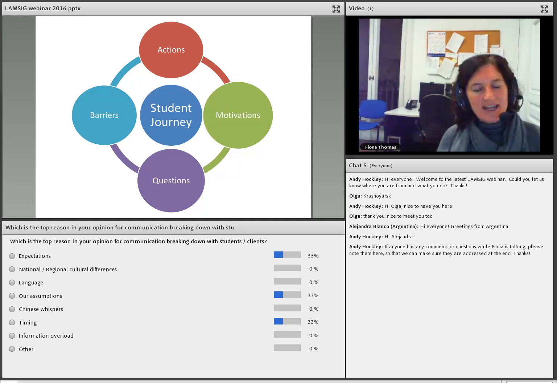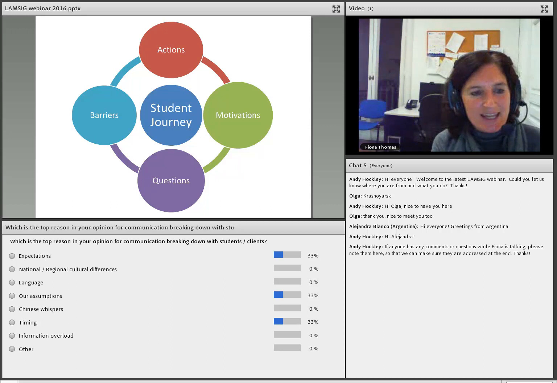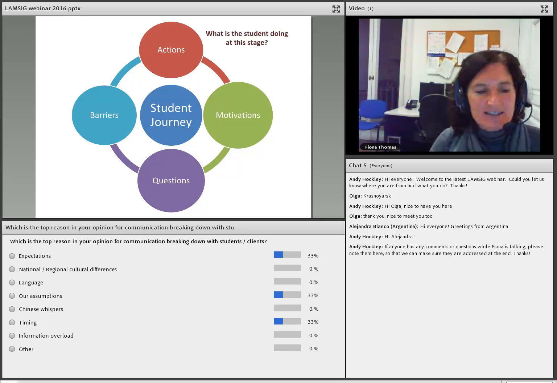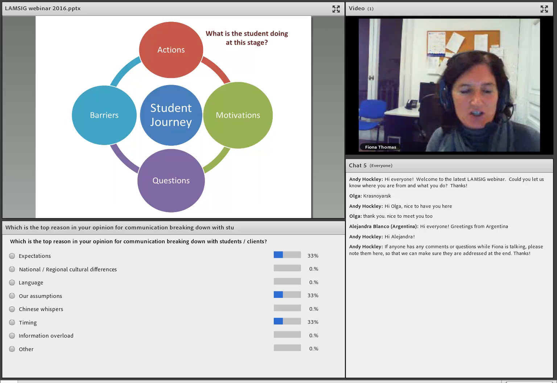Now, what you need to do with this tool is take each stage and at each stage ask yourself a series of questions which will help you to determine what information you need to communicate to the students at each of these stages.